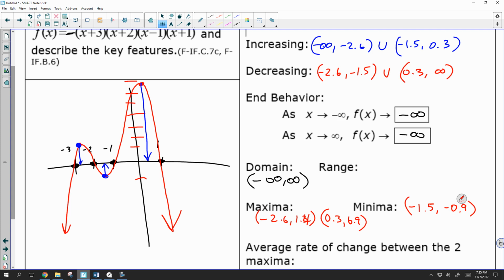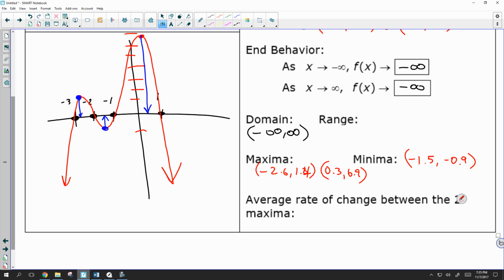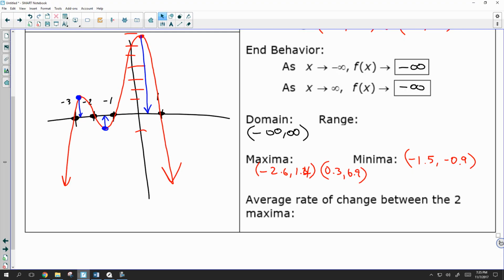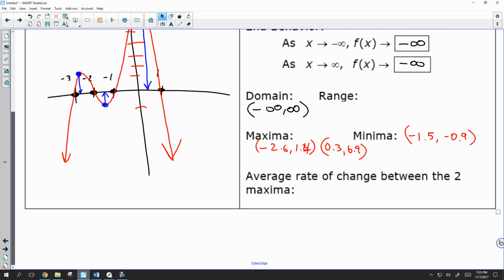When you do the rate of change, it's y2 minus y1 over x2 minus x1. This one is kind of a dumb question because it has two answers. So you're going to have to do the y2 minus y1 stuff over x2 minus x1. We just have to use all the decimals and put them in the calculator. I have the calculator right here.